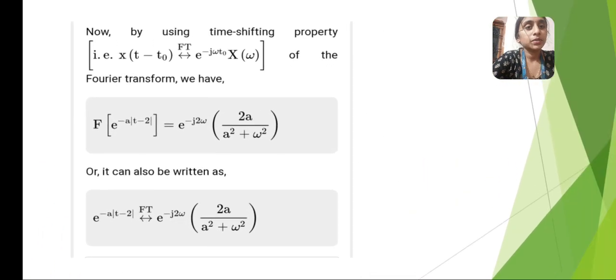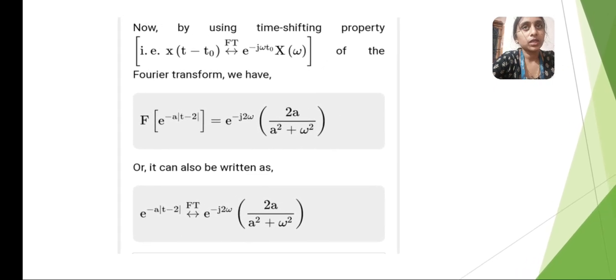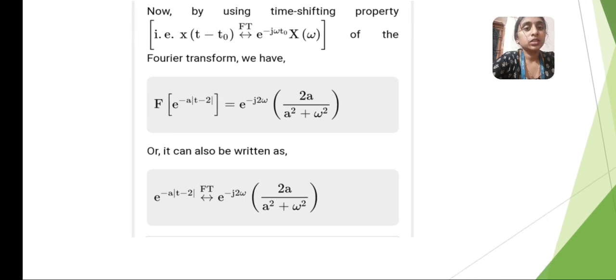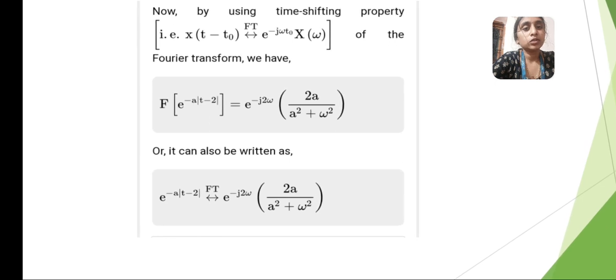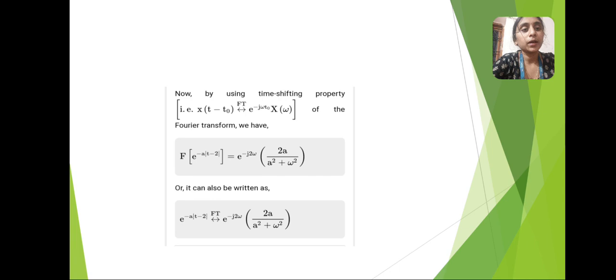Now using the time shifting property, x of t minus t naught gives e power minus j omega t naught into X of omega. So as given in the question, e power minus a mod of t minus 2 gives e power minus j 2 omega into 2a by a square plus omega square.